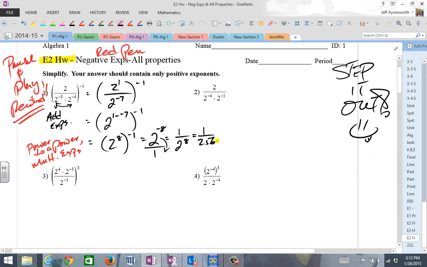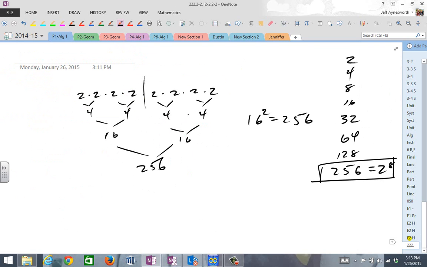Now our directions say simplify and write your answers using positive exponents. That is right here, but I'm going to go one step further and simplify it. I showed you on the previous page: when you multiply 8 2's together, you get a big number. It's called powers of 2.